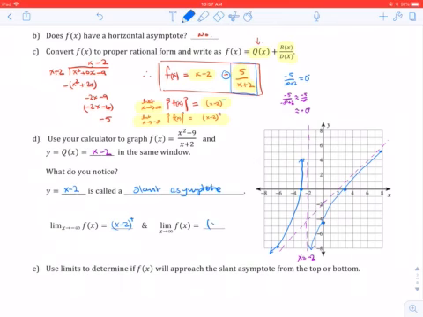And on the right-hand side, we approach the line x minus 2, but we're just below it. And so we've already used the limits to determine which way we approach. Again, we're just using our number sense there, just like we did in the lesson on horizontal asymptotes.